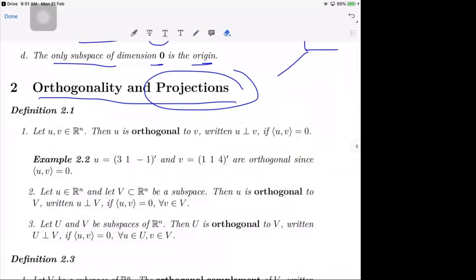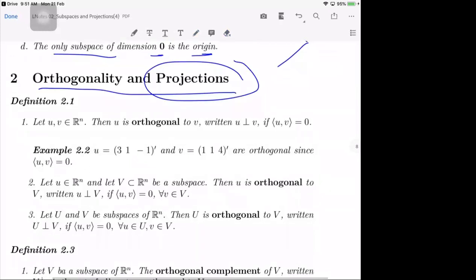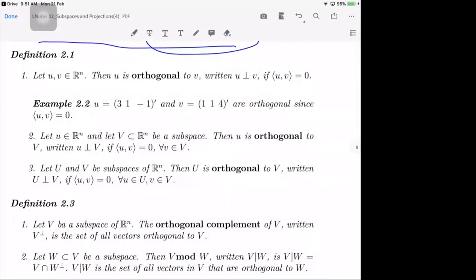So before going to the definitions of projections, let's review the orthogonality of vectors. Actually, this is already familiar to you because it was introduced earlier, but this time we will concentrate on its notation. If we have two vectors u and v in R^n, u is orthogonal to v.